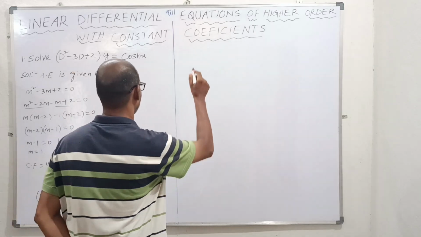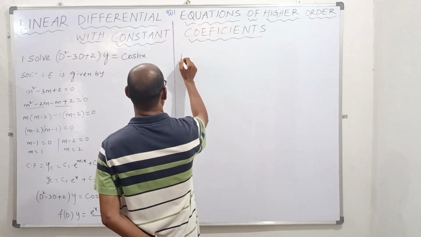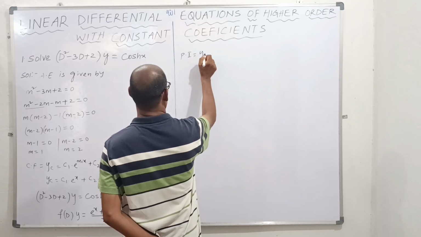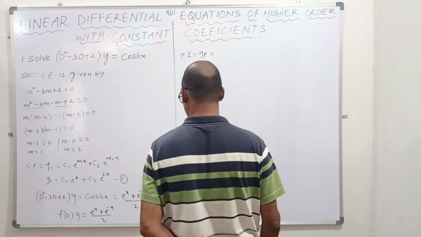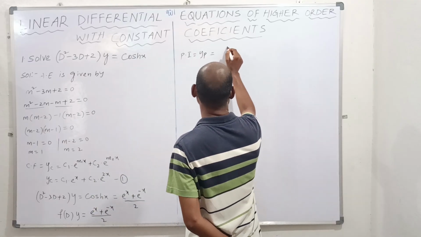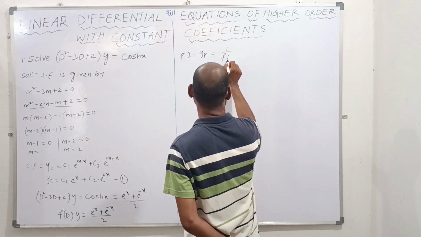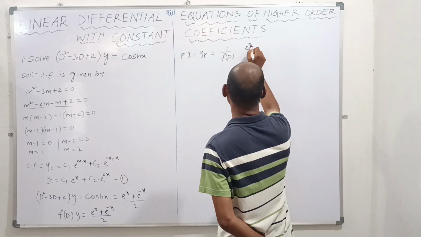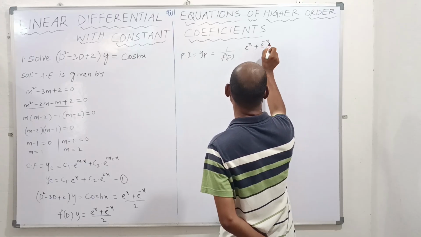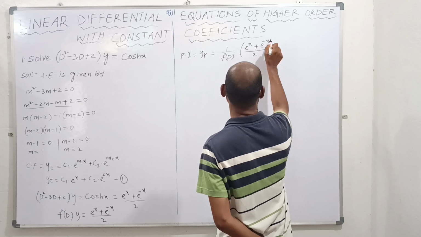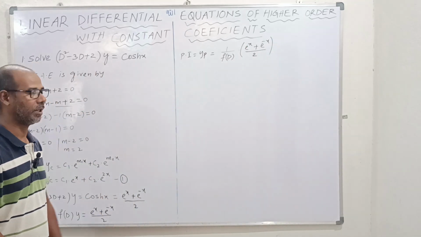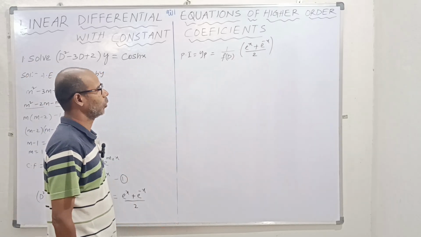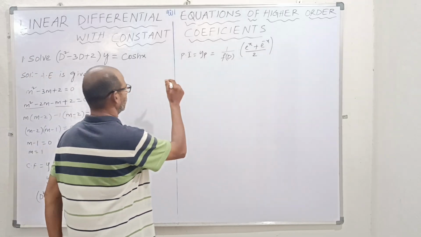So therefore now for finding PI, that is equals to yp equals to 1 by f of D into (e power x plus e power minus x) by 2. So that is the procedure to find out the PI.